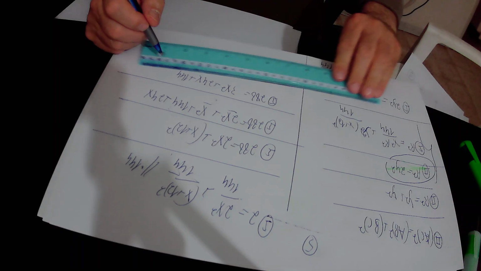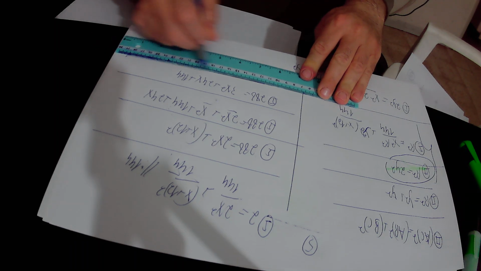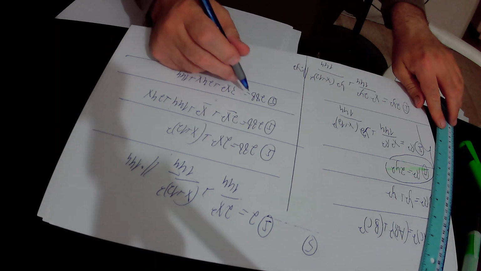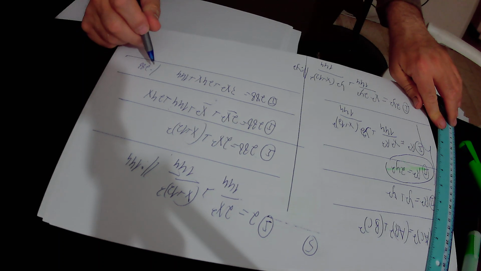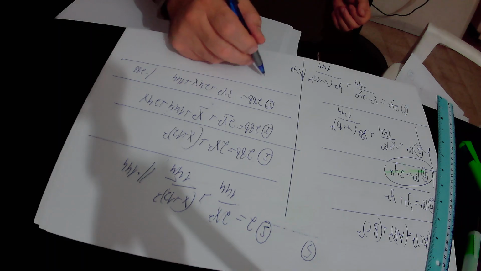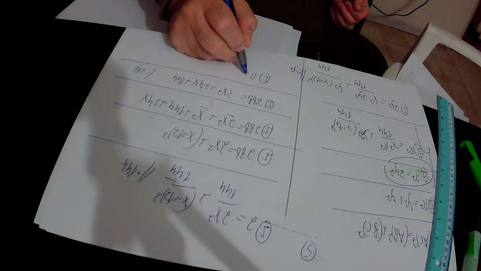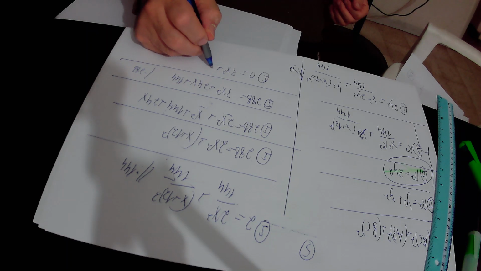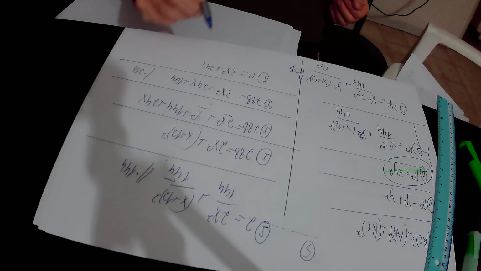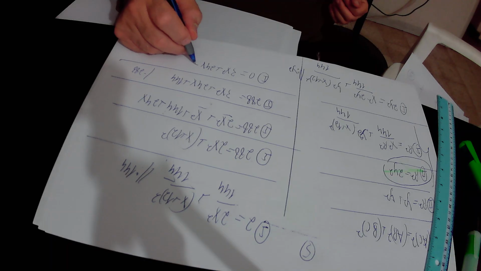Here we subtract 288 from this equation 1, and we get that according to equation 1, on this side of the equation we are left with nothing, that is to say 0, and it equals 3x squared plus 24x, and here we have 144 minus 288 equals minus 144.